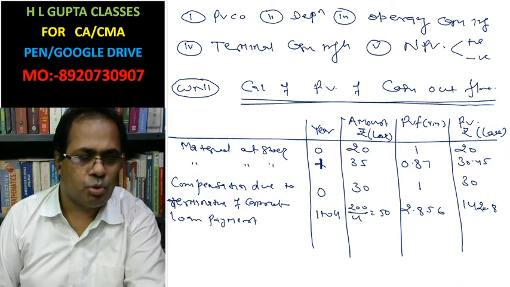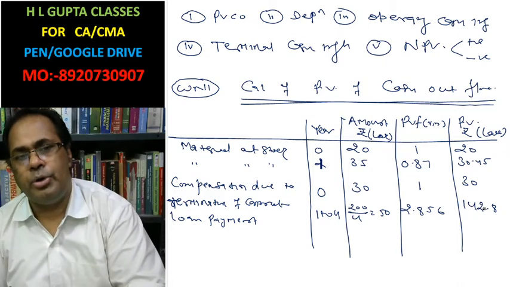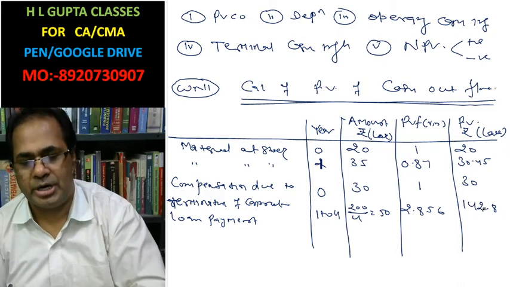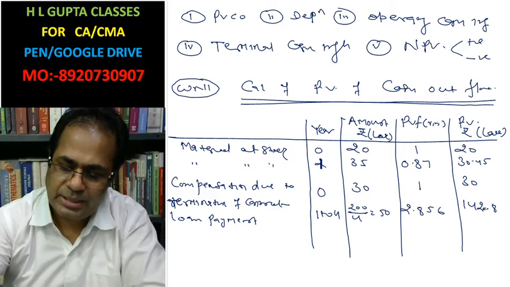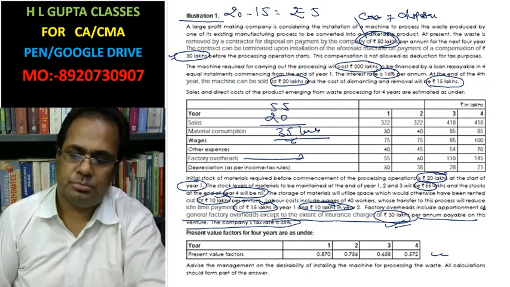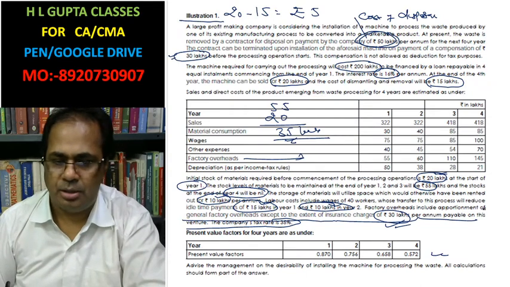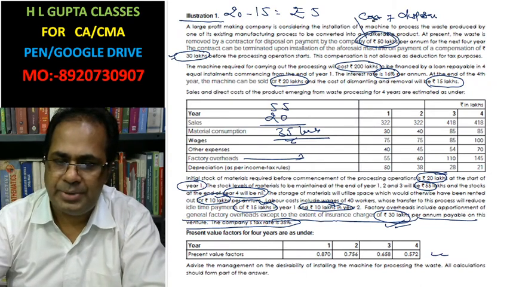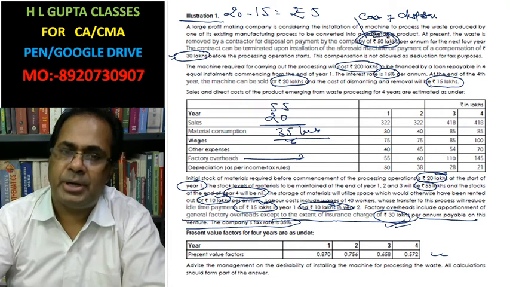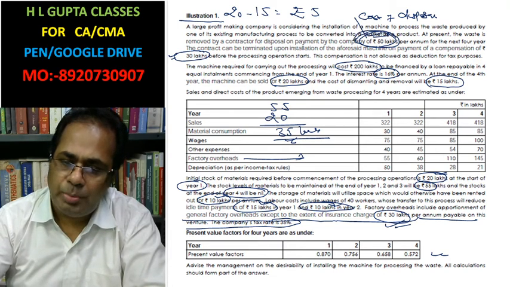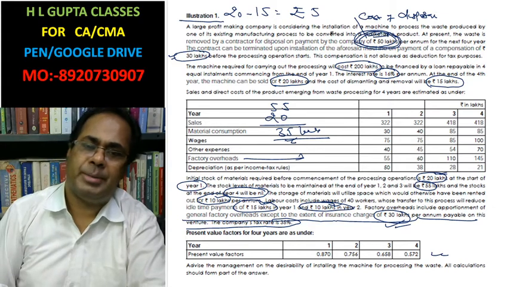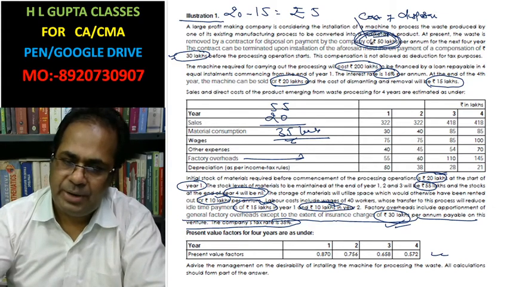Now the question is, you are going to save the contract payment. Please try to understand. You had to pay 50 lakh for the contract payment. Now, due to manufacturing the product from the disposal material, this payment will be saved.